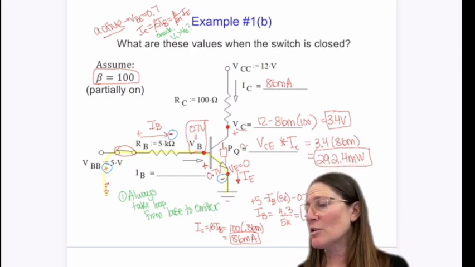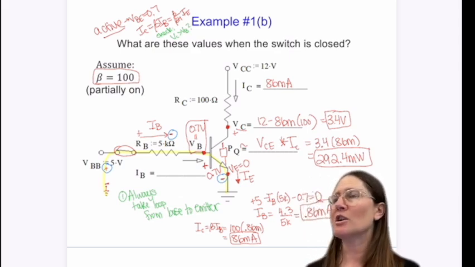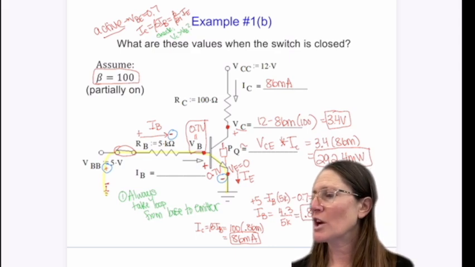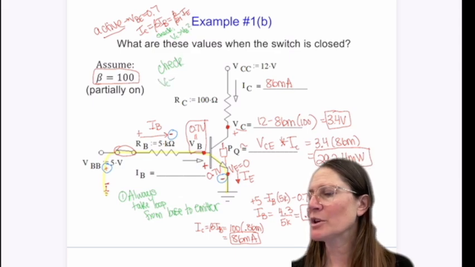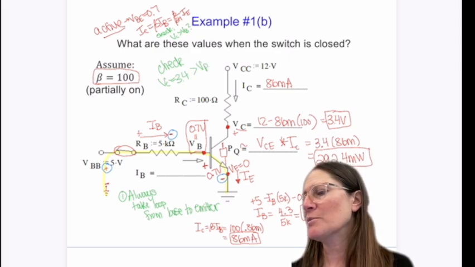All right, so now we need to check and make sure it does meet the conditions for active on. So we check for VC, which is 3.4, which is greater than VB, which is 0.7. So yep, on and active.